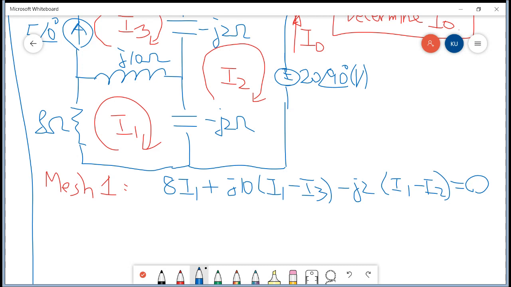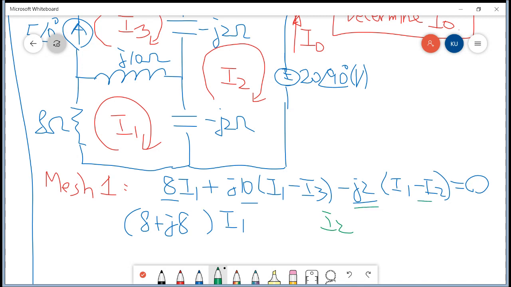And actually we can simplify it a bit so that we have I1 times 8 plus J10 minus J2, so we have 8 plus J8. And for I2, only this one multiplied by minus 1, so we have plus J2.